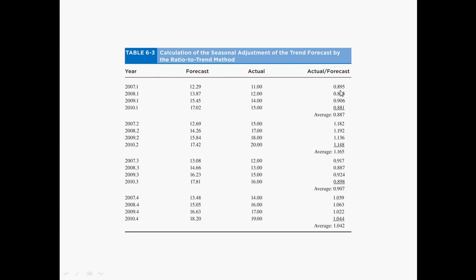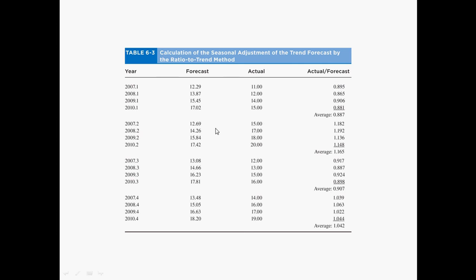To calculate the actual over the forecast, you notice there's not a lot of variation in these: 0.8, 0.95, 0.865, 0.906, 0.881. Probably there's just some technological reason that doesn't change much from one year to the next of why people are consuming less electricity in the first quarter.